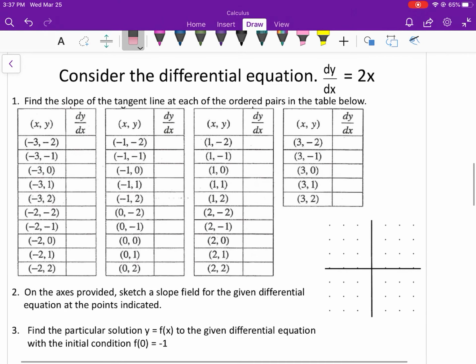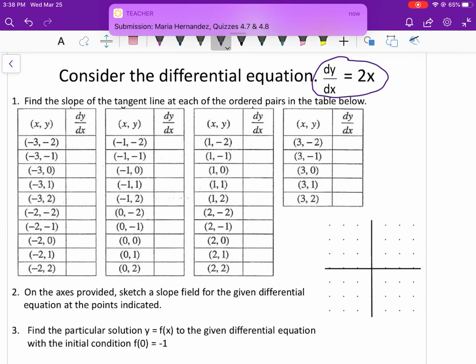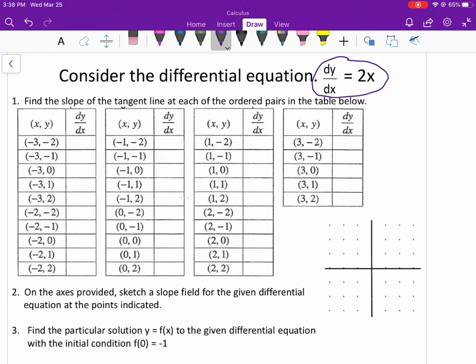Okay, let's start here. This is a differential equation right here. This one's given to you. And basically it says that the slope of a line is 2x. So what you're going to be doing is plugging in each ordered pair into this equation. There's no y in our equation, so we're just going to take the x value times 2.